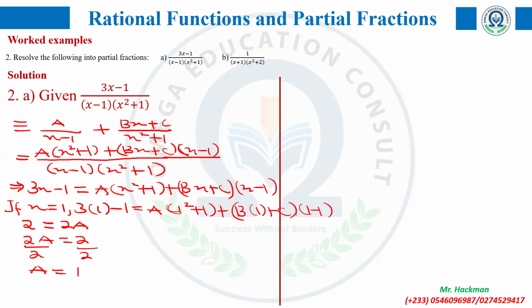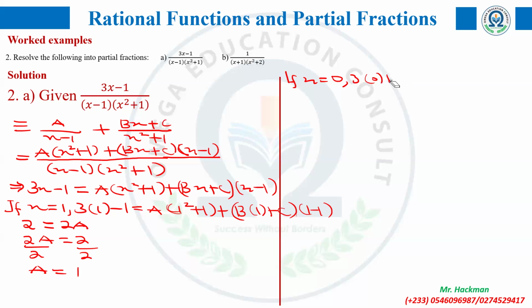So in this case, this is what I'm going to do. 0 has not been used, so let's go for 0. So if x is equal to 0, let's see what is going to happen. In any case, I can see one of the factors vanish with 0, but don't worry. We are going to deal with it. Then you will know exactly what I'm talking about. So if x is equal to 0, wherever we see x here, we substitute 0. So we are going to get 3 into 0, minus 1, sorry, forgive me.